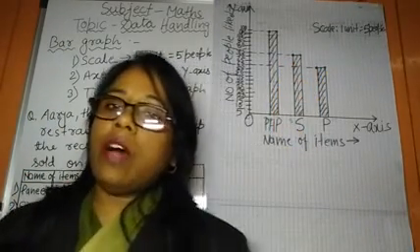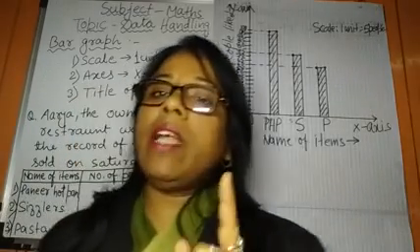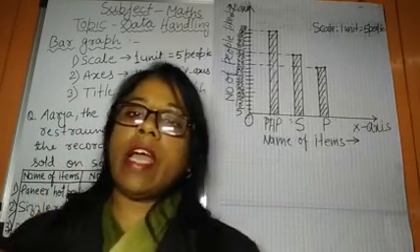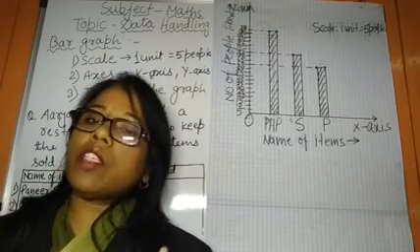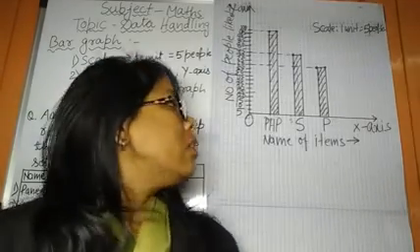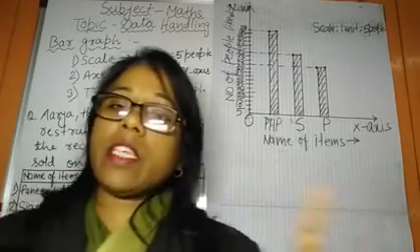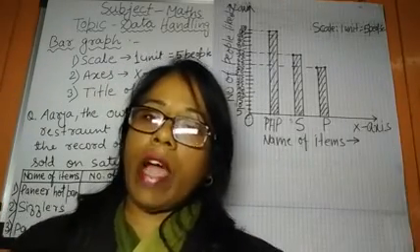Whenever you draw a graph, you have to keep in mind that the graph should be drawn with the help of a pencil. Second thing, unit always you have to mention. Third thing is that axes should be there, x-axis, y-axis.